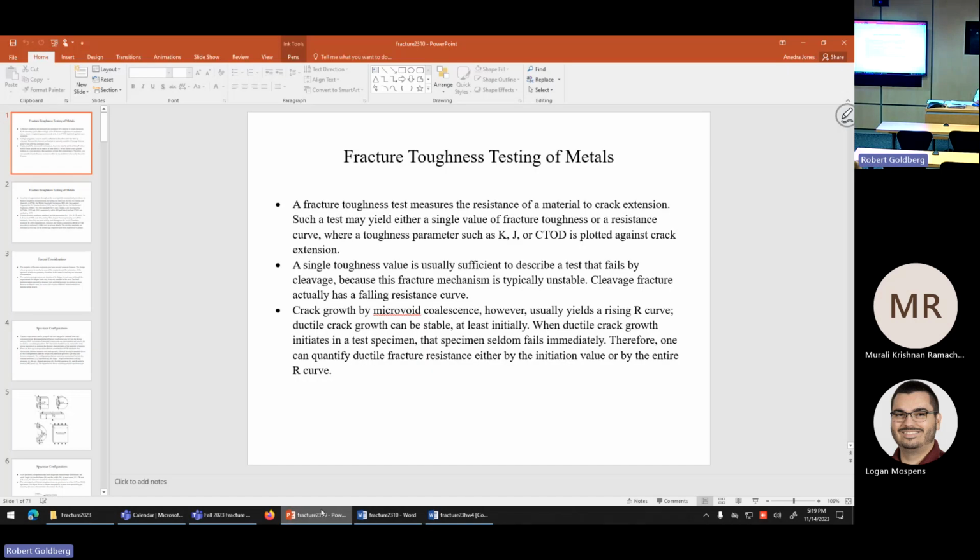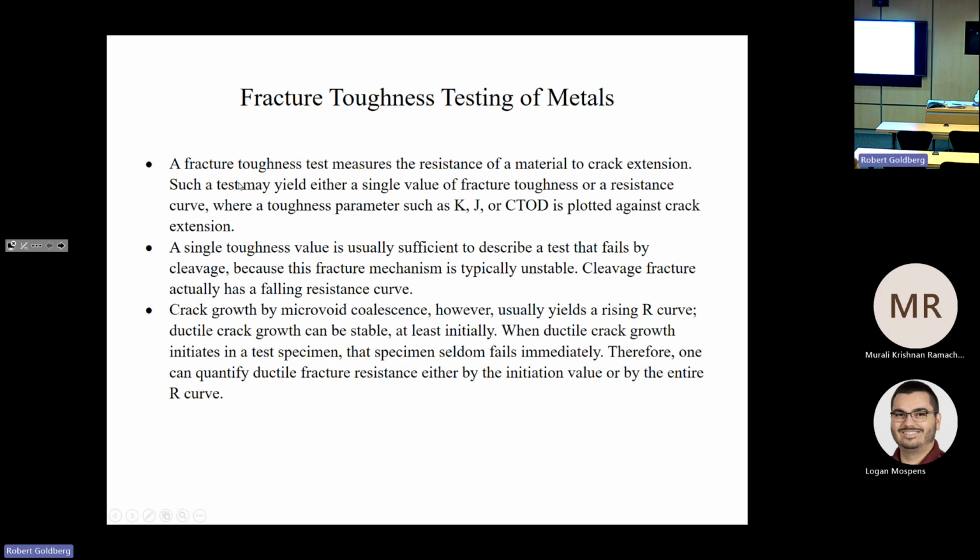So, anyway, what we're going to do this week and next week is talk about a bit more practical topic. We've talked about stress intensity factors, the J integral, and crack tip opening displacement.